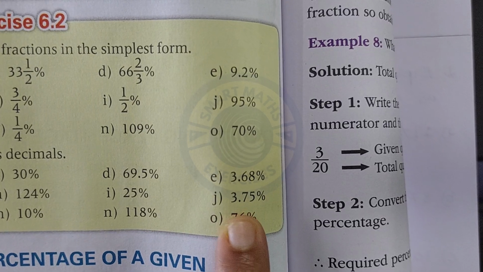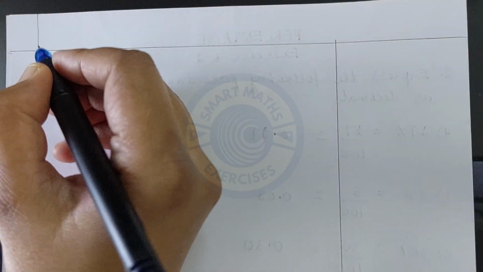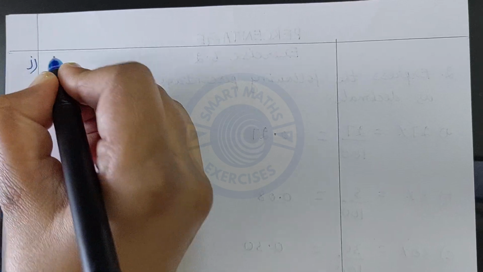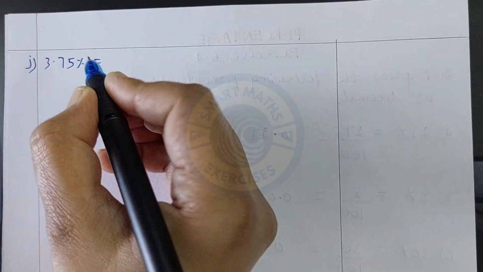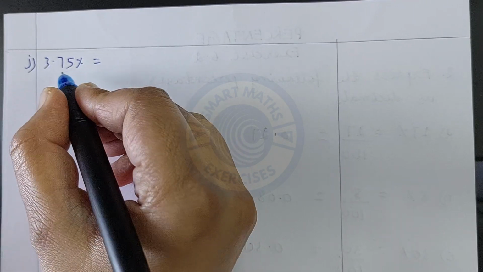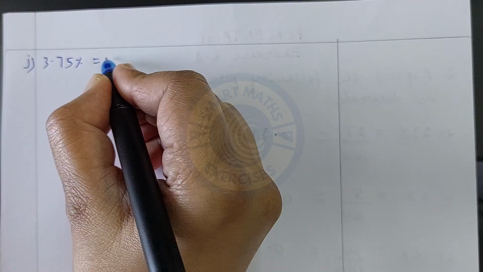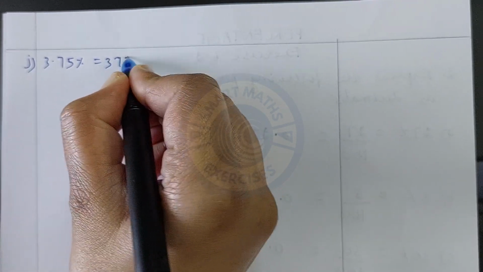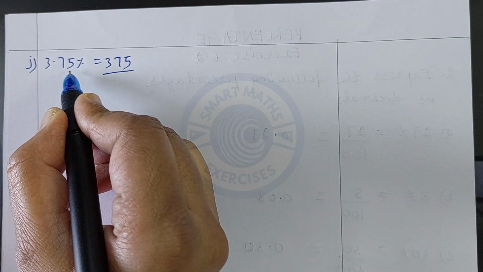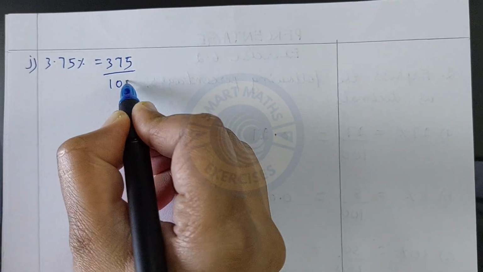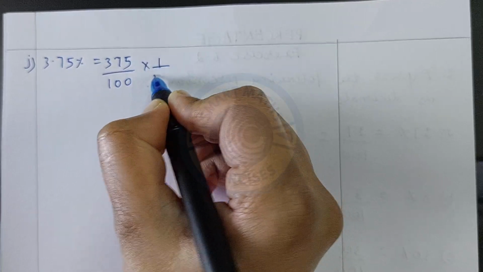Next question, J, 3.75%. First, convert this decimal number to fraction. So it becomes 375 by, there are 2 digits after decimal point, so 2 zeros into 1 by 100.